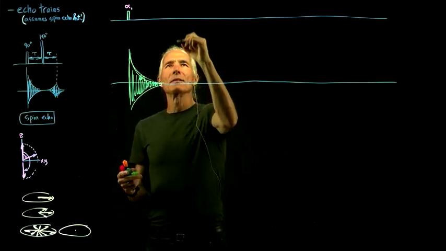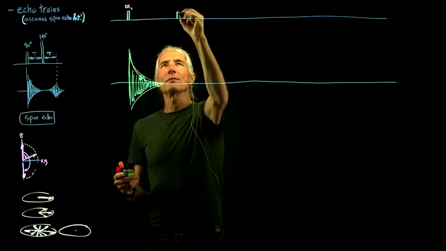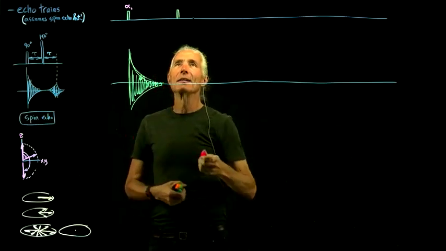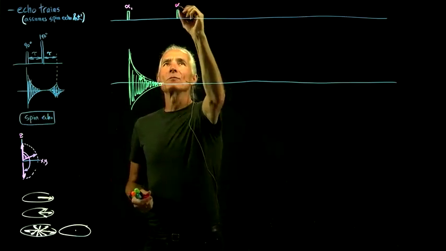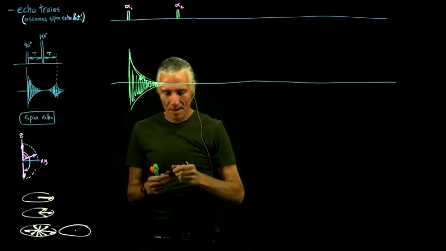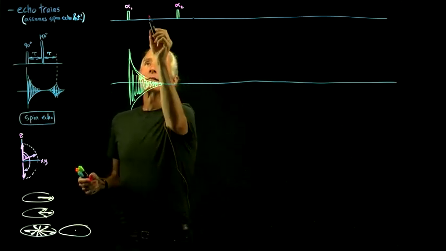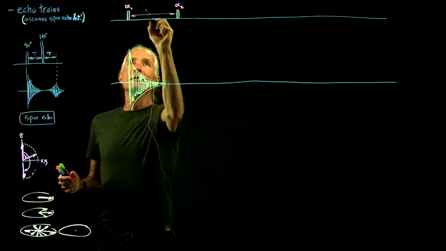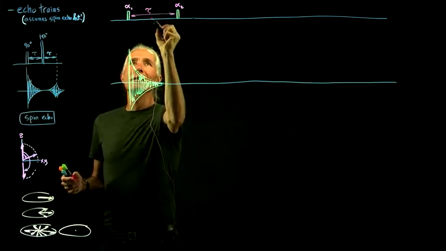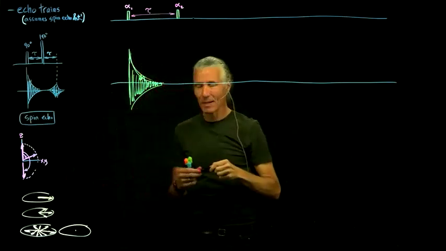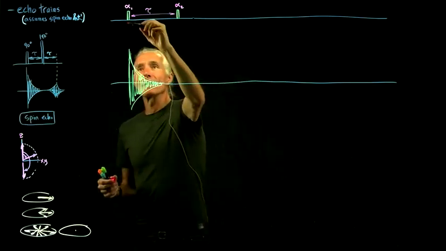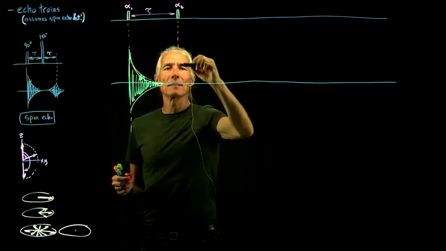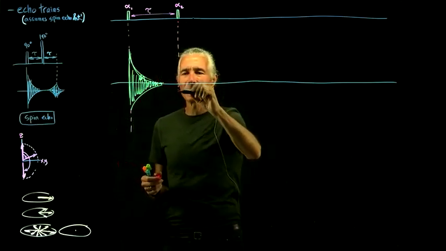do another pulse. So here's another pulse, and this one doesn't have to be 90 or 180, so we'll call that one alpha 2. And the amount of time between them we'll call tau 1. So here's our first pulse, and then here's the second pulse.